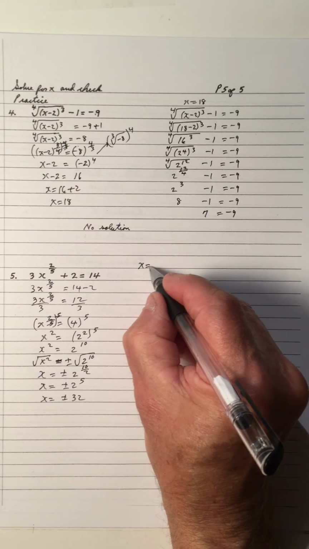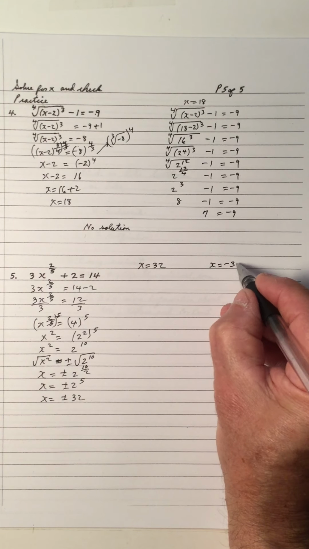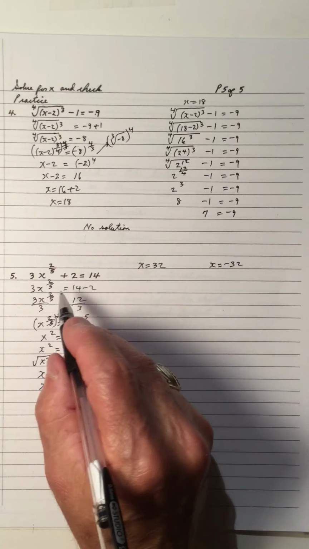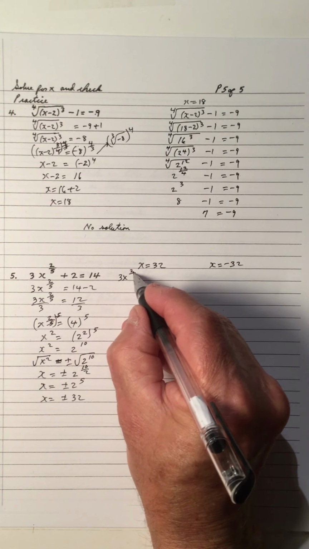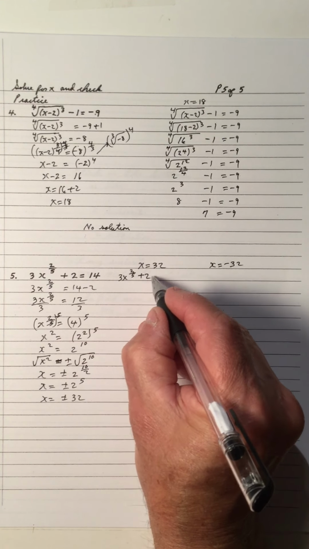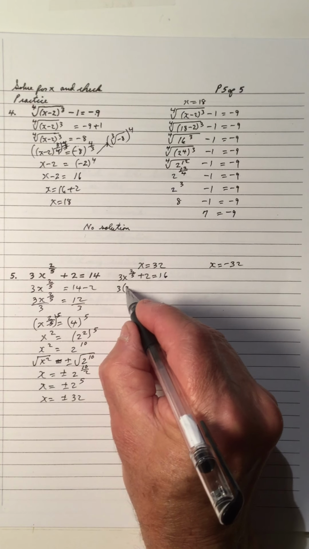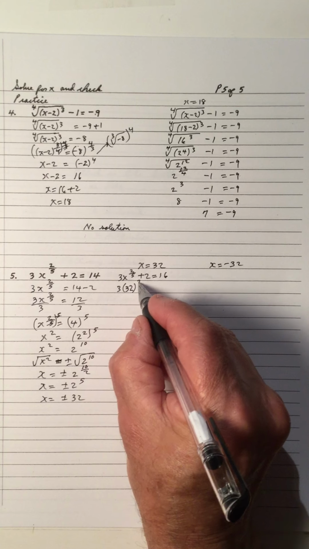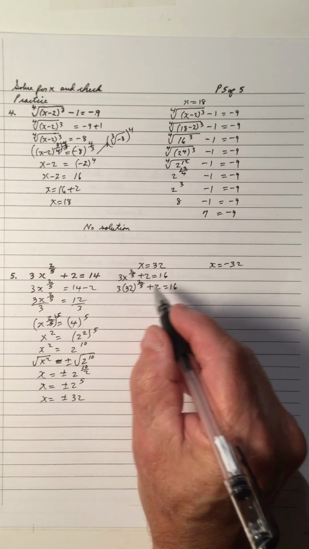So when x is 32, you've got one answer. When x is negative 32 is the other answer. And both of these, let's check them out. Let's check 32 first. So 32 to the 2/5 plus 2 is 16.